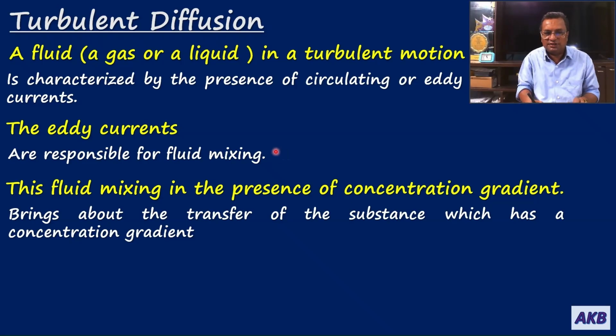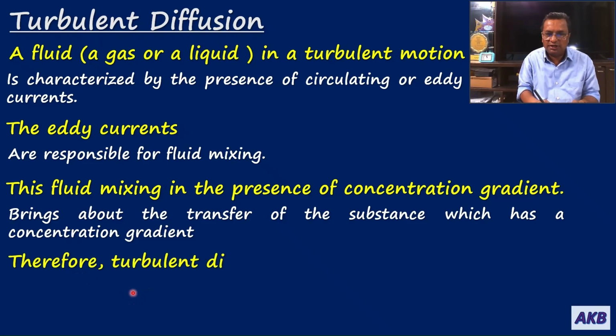And such a transfer is nothing but turbulent diffusion. So this fluid mixing, which is due to eddy currents in the presence of concentration gradient, brings about the transfer of the substance which has a concentration gradient. Therefore, you can define turbulent diffusion in a simple way.